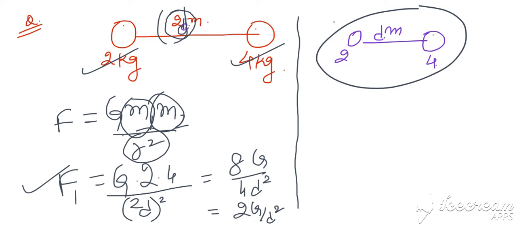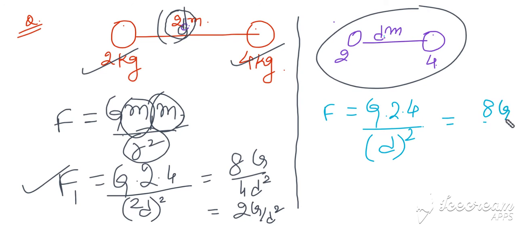Now let us find the force in the second case. That will be G m1 m2, that is 2 into 4, by r square, that is the distance square. So distance is just d meters, so it will be d square. So that will be 8G by d square. And if we look, the first force was 2G by d square.